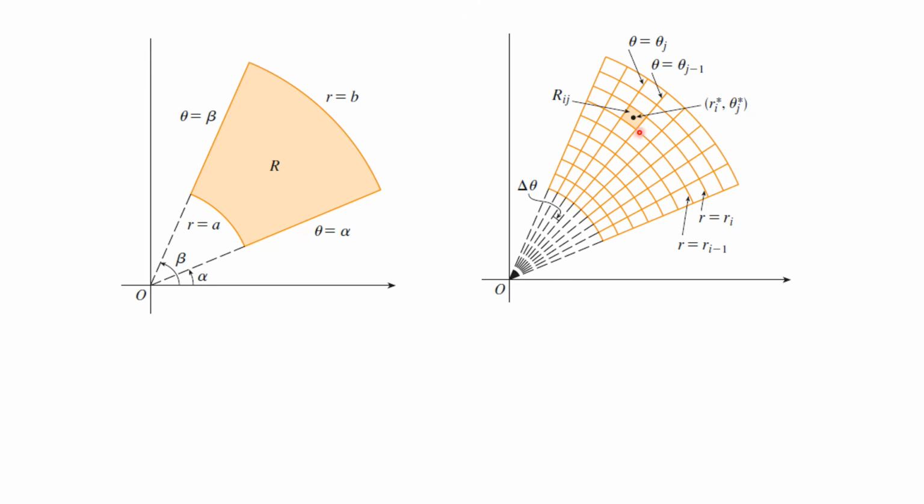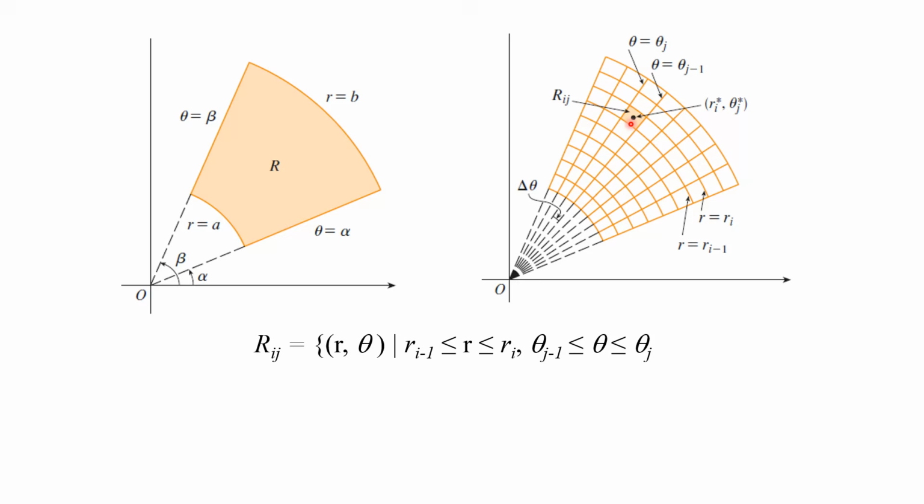Of course, the polar subrectangle would be expressed as this: R sub ij is the set of (r, theta) where r is greater than or equal to r sub i minus 1 but less than or equal to r sub i, and theta is greater than or equal to theta sub j minus 1 but less than or equal to theta sub j.